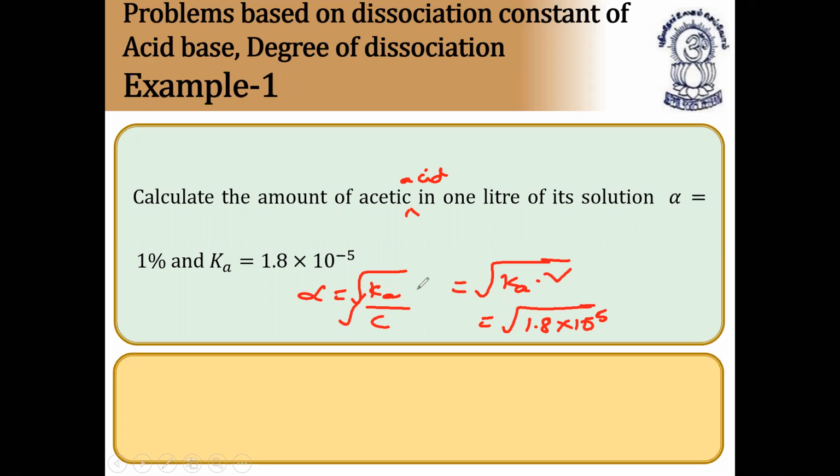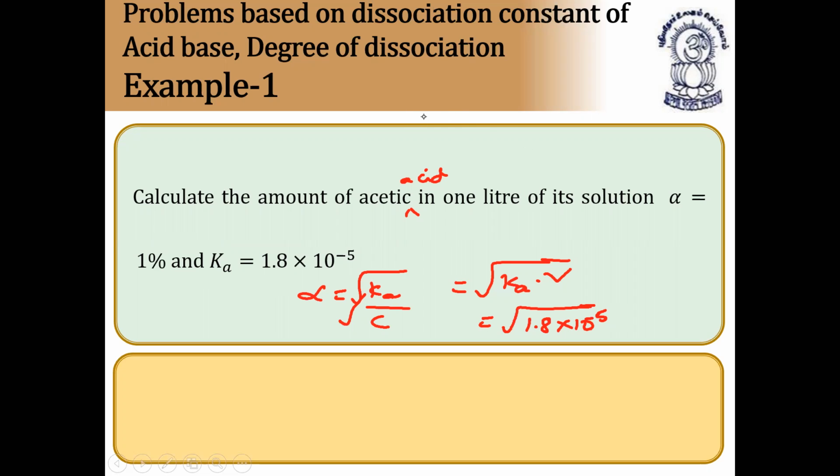And they are asking to calculate the amount of acetic acid. What formula do we have to take into consideration? We know alpha is given as 1%, so straight away we can find the C value instead of taking the volume, because the volume is 1 liter only.